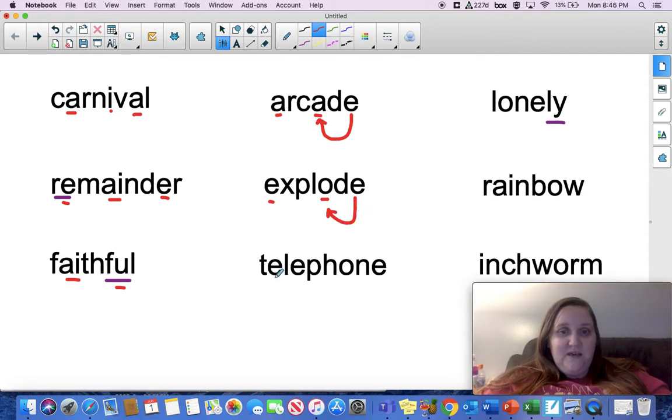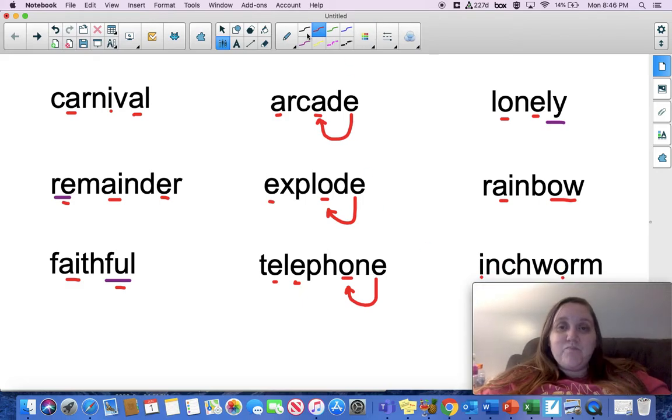Bossy E. Here we have an E and an E and an O and an E. Bossy E though. Here we have an O and an E. We have AI. We have OW. OW is another vowel team that goes together, okay? Here we have an I and an O.